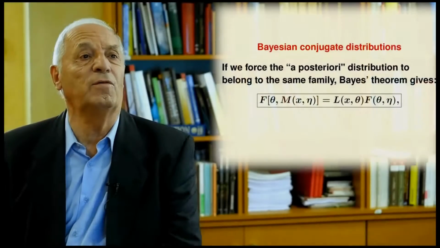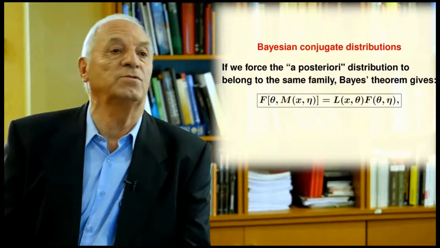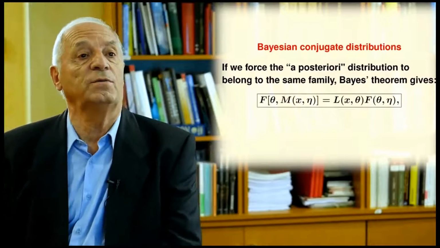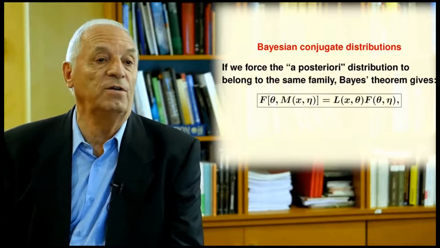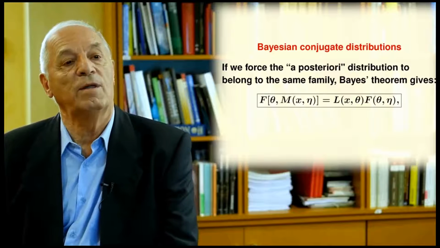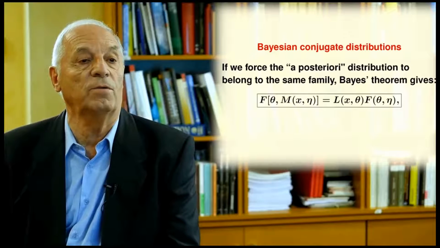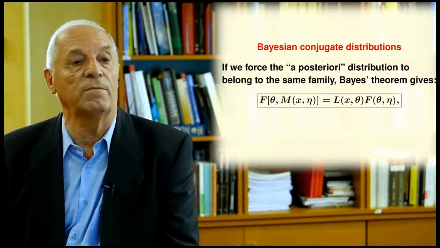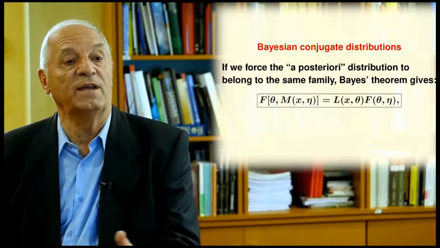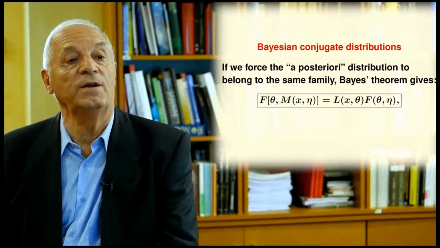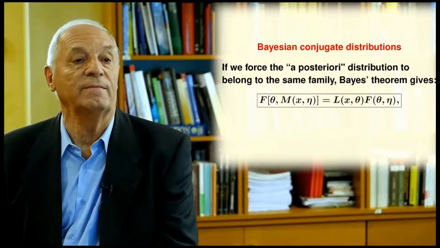You can do the same for Bayesian conjugate distributions. We say that a distribution is conjugate when the prior and the posterior belong to the same family, but we also know that the posterior is the product of the likelihood times the prior. So the likelihood is L of x, theta, and the prior is f of theta, eta.